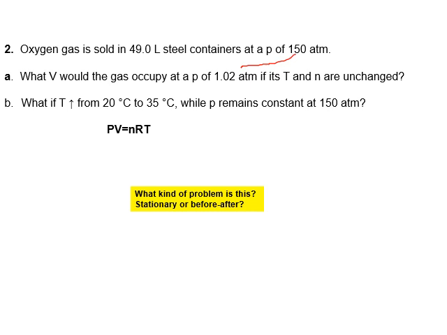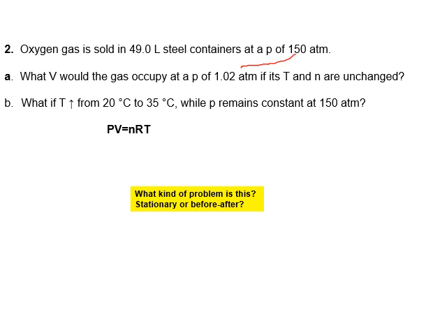Then you substitute in 49 liters for V1, 150 atmospheres for P1, and for P2 you would have 1.02 atmospheres. Again, we're doing part A, and you solve for V2. That's all you have to do, and that's done on the next slide.